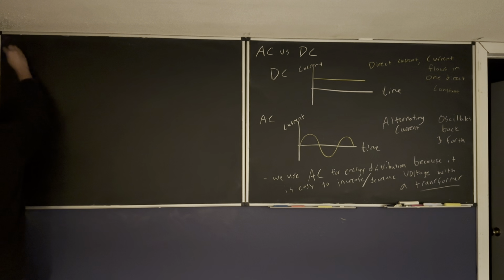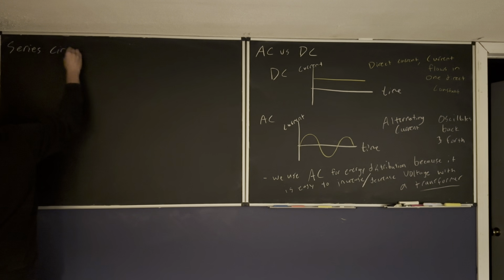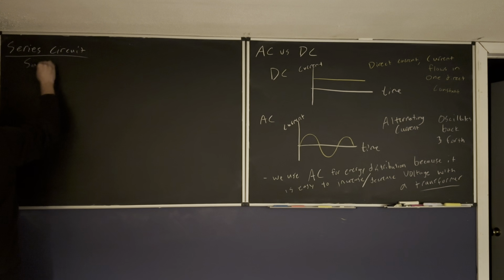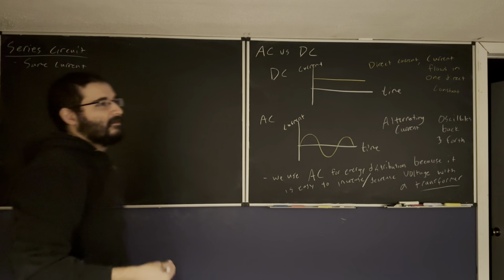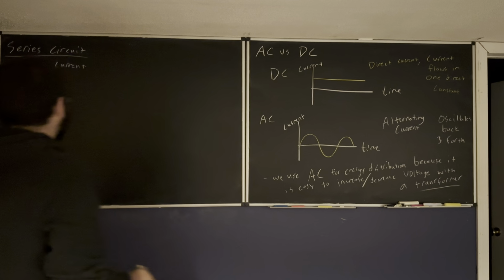Okay, so for a series circuit, just make sure you know that they have to have the same current. Any devices that are hooked up in series have to have the same current.